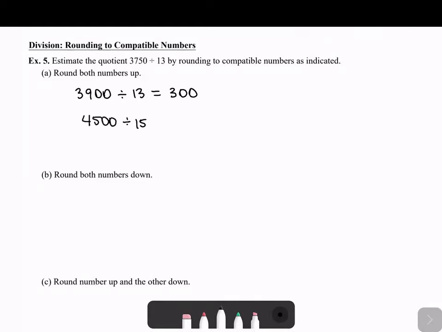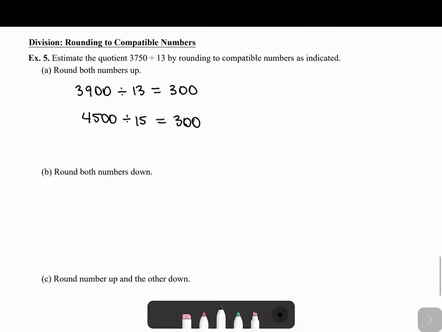So this is kind of a lot. 4,500 divided by 15 should just give us 300 again, actually. So this is the closest compatible number to 15, even though we are increasing 3,750 by 750.